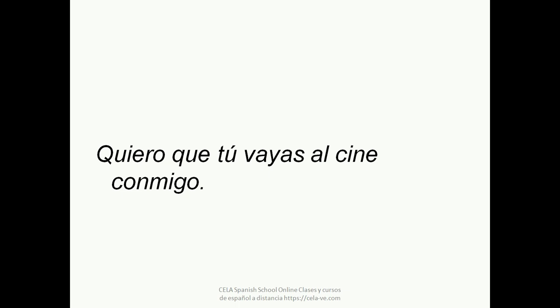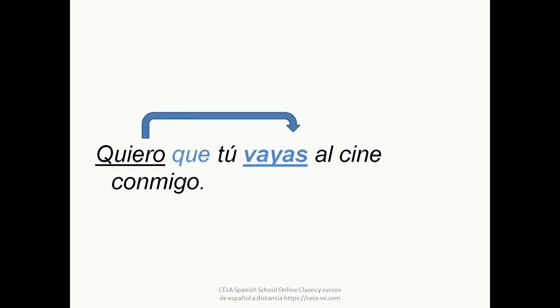In the first sentence, I talk about a wish I have about the action of someone else. I want you to do an action, and the action I expect from you, what I want you to do, is expressed in subjunctive.